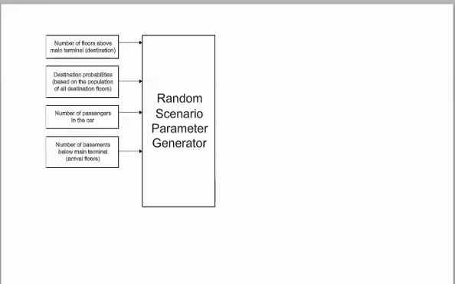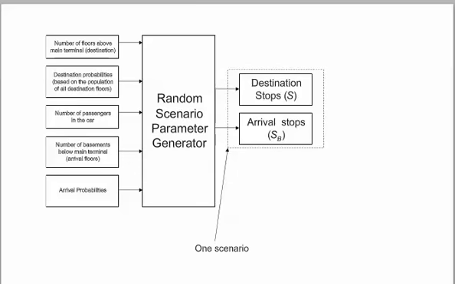So all of these are inputs which are going into the random scenario parameter generator, and the arrival probabilities. Then the random scenario parameter generator will generate one scenario or one trial, and from that we have a scenario which is described by the arrival stops, where passengers are arriving from and where they are going to.